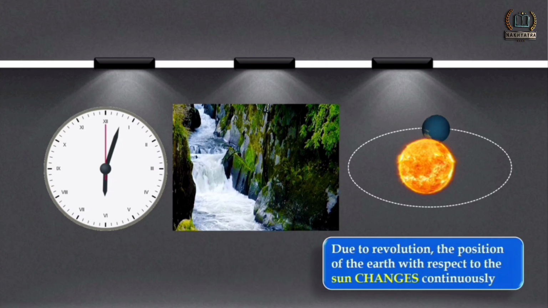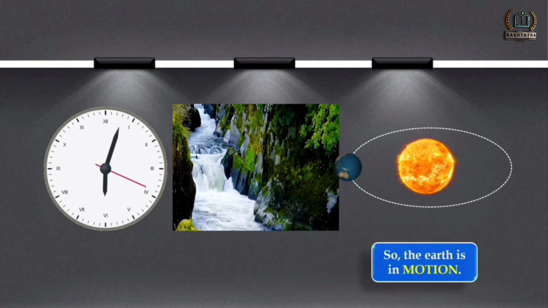This example is also nice. Due to revolution, the position of the earth with respect to the sun changes continuously. Everyone agree? So the earth is in motion.